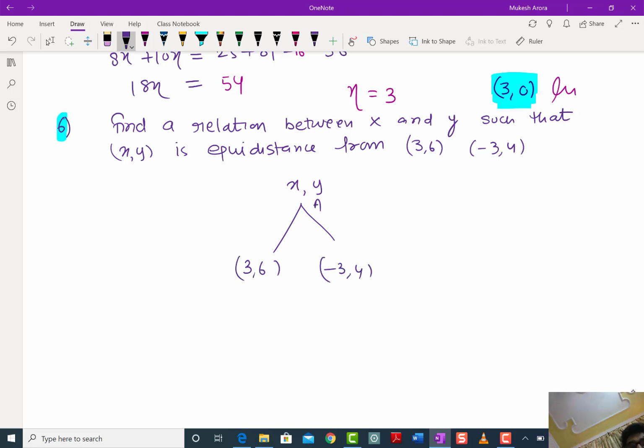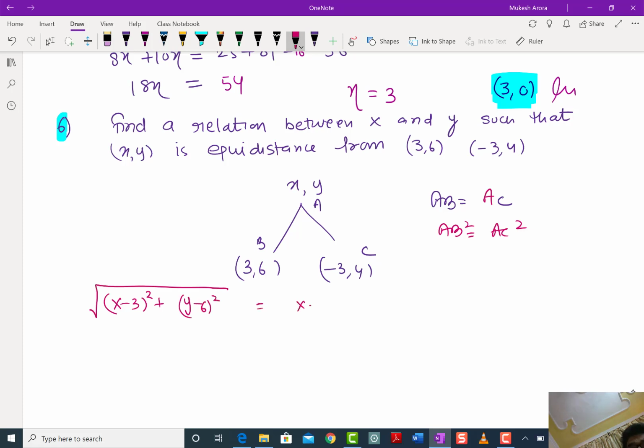So this is A, B, C. That means AB is equal to AC, or AB square is equal to AC square. That means the square root of x minus 3 whole square plus y minus 6 whole square is equal to the square root of x plus 3 whole square plus y minus 4 whole square.